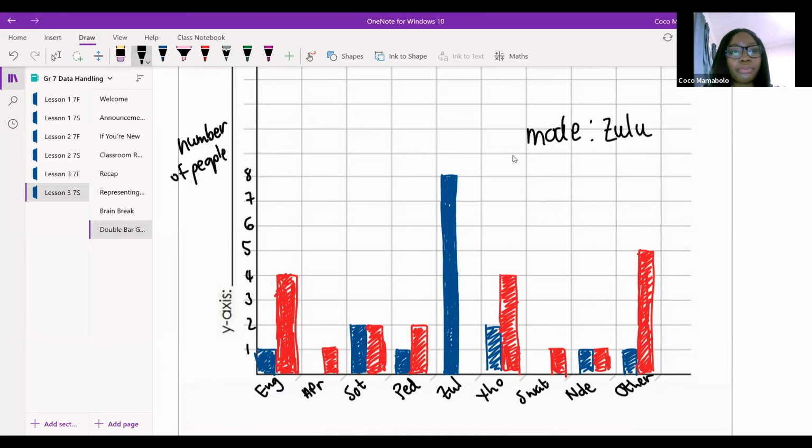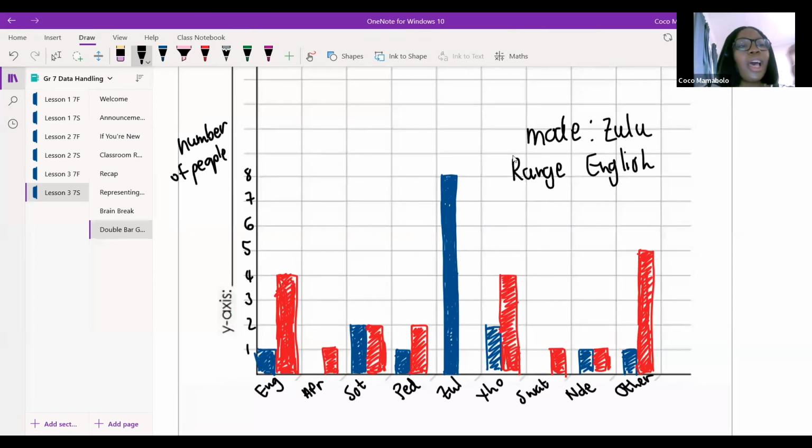Okay. Now I'm going to ask you guys, how many more girls than boys speak English? And what I'm actually asking you for here is the range of English. What is the range of English? Can anybody tell me? How do we calculate range again?